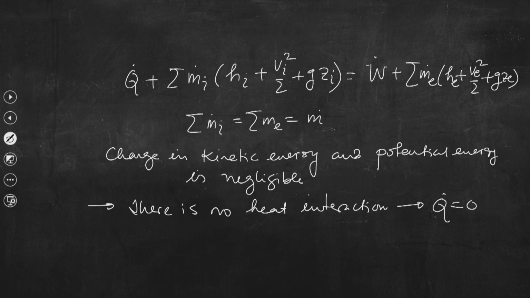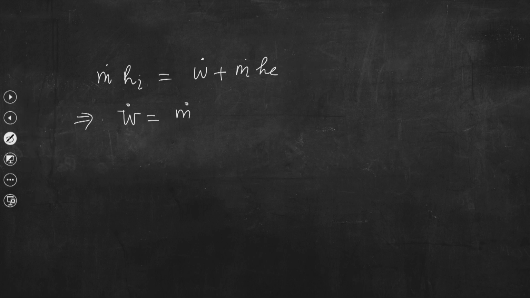If this is the case, then we can use this equation to write Hi into m dot equal to W dot plus m dot into He. So, we can write W dot equal to m dot into (Hi minus He), right.